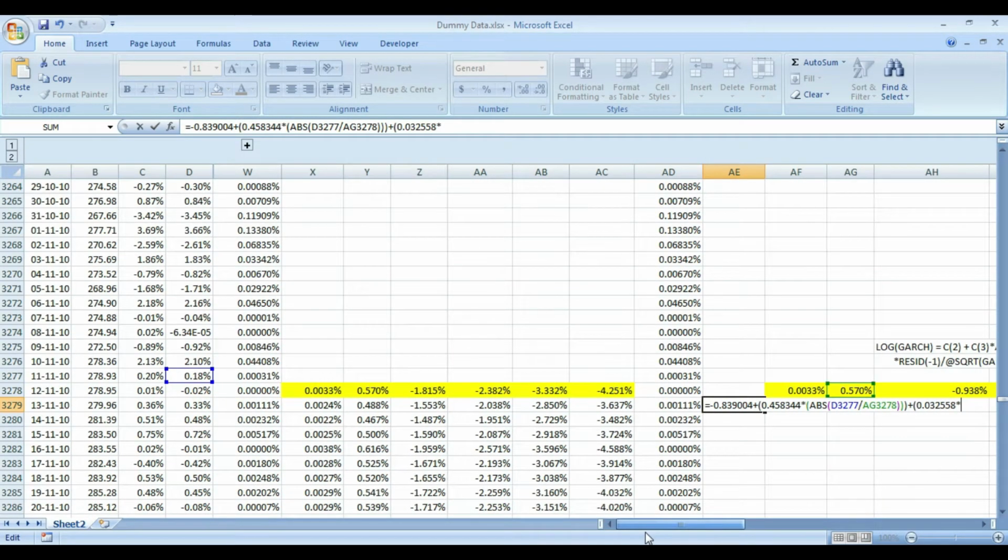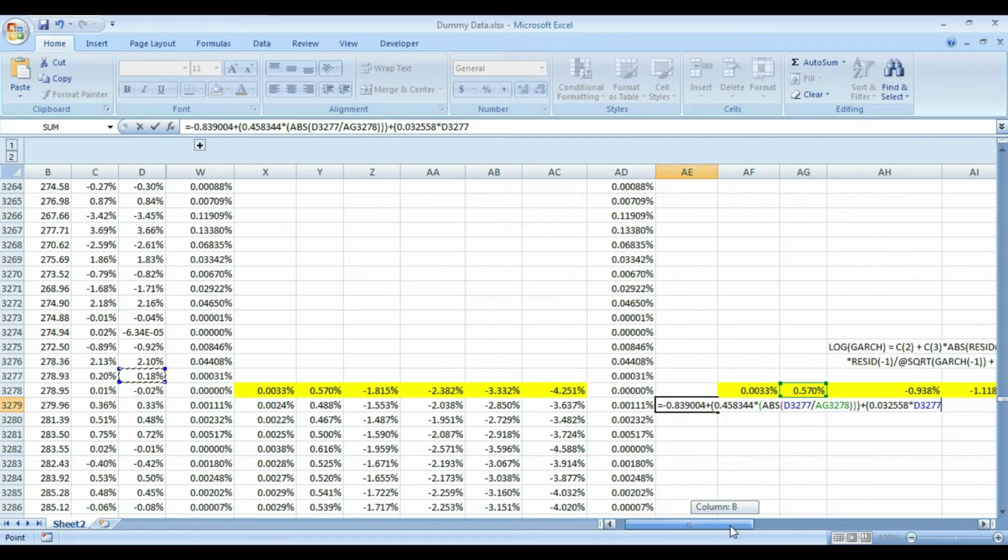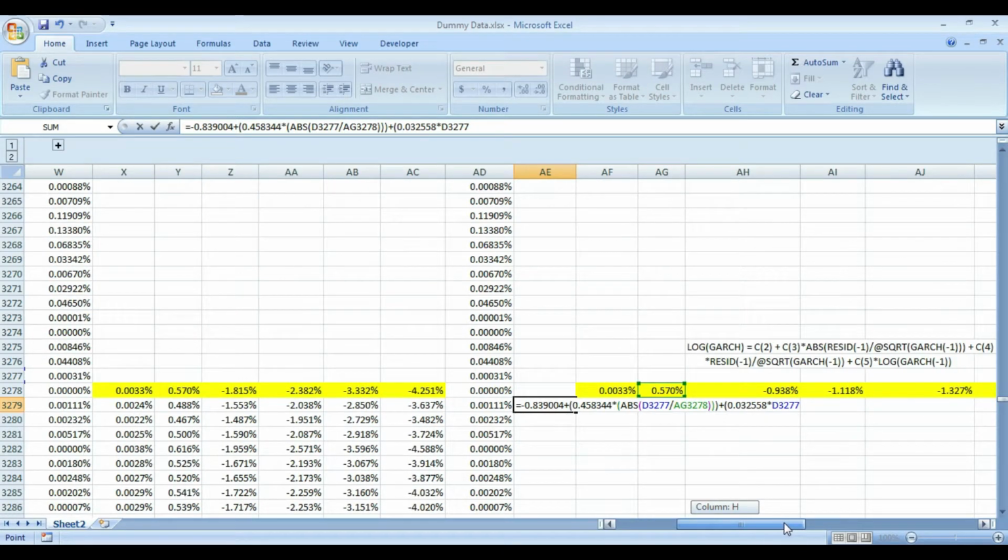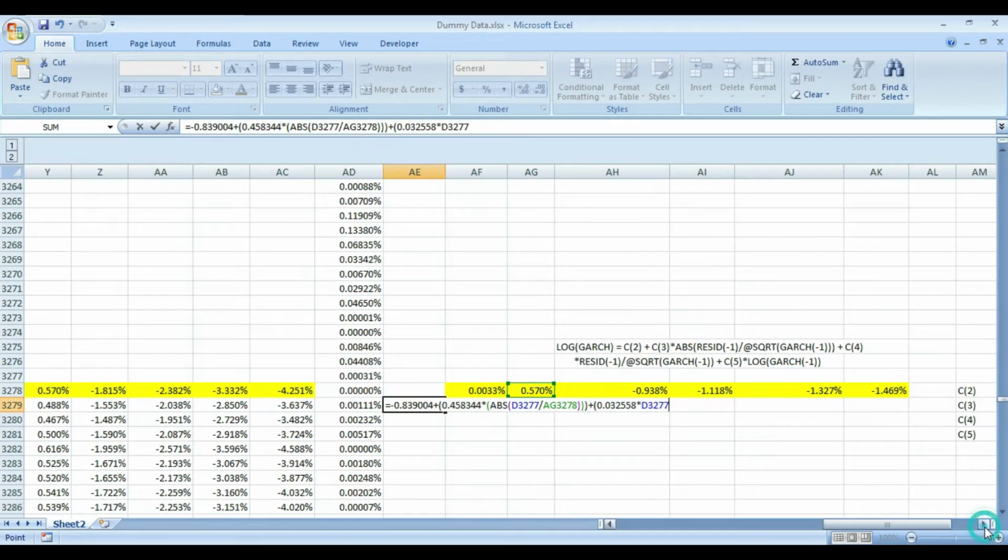So residual t minus 1 will be this, divided by standard deviation of t minus 1 data point, which is this. Now I will keep this in brackets and place another bracket to close this conjugate. There you go.